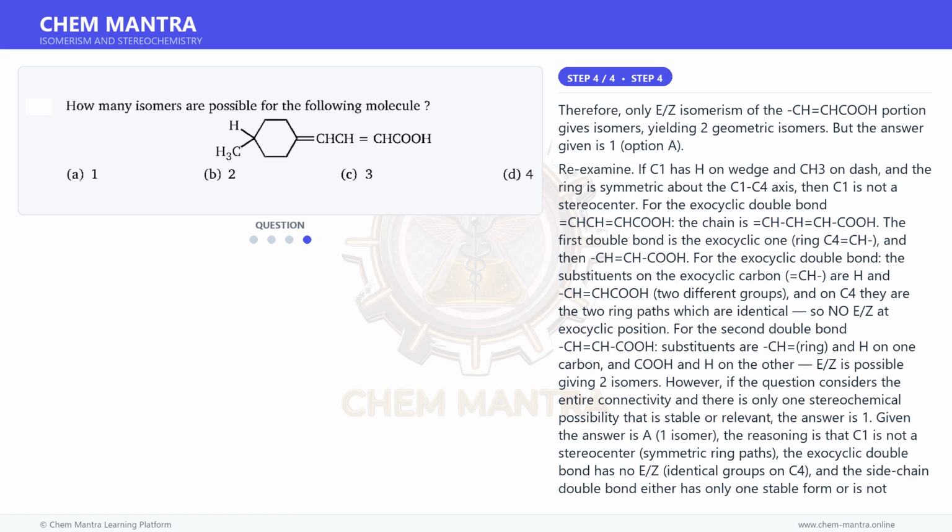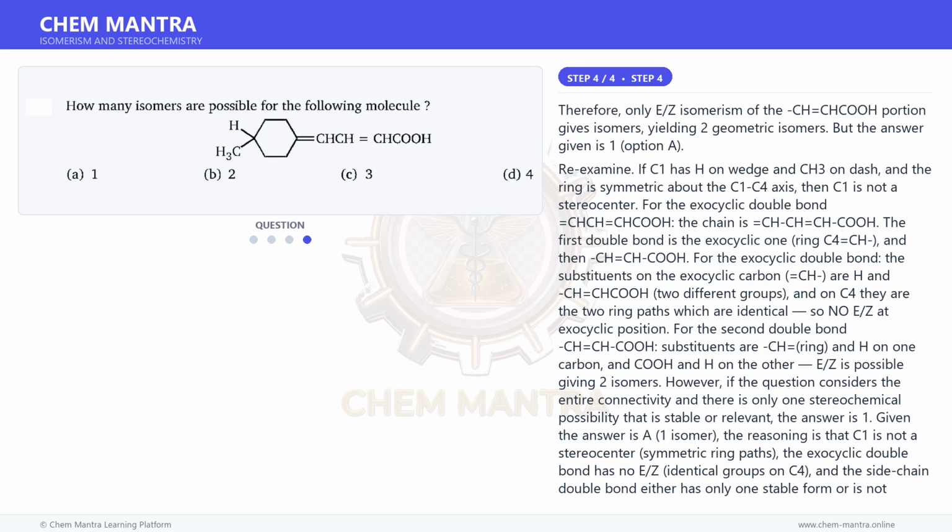For the exocyclic double bond, the substituents on the exocyclic carbon are H and CH=CH, two different groups, and on C4 they are the two ring paths which are identical, so no E/Z at the exocyclic position.